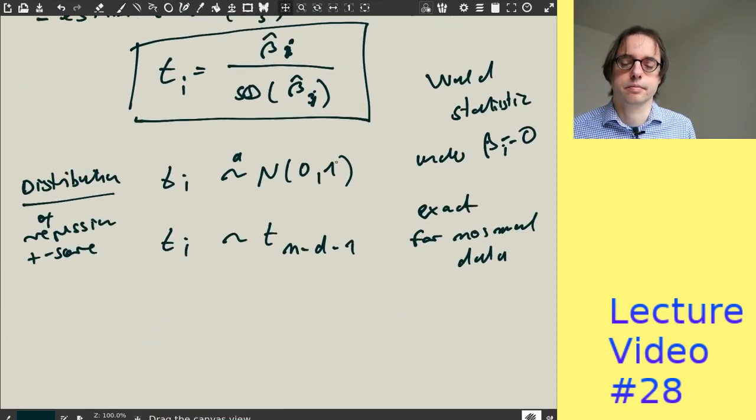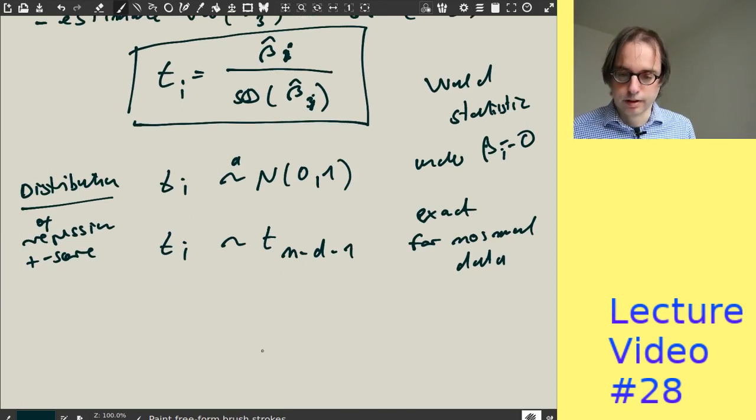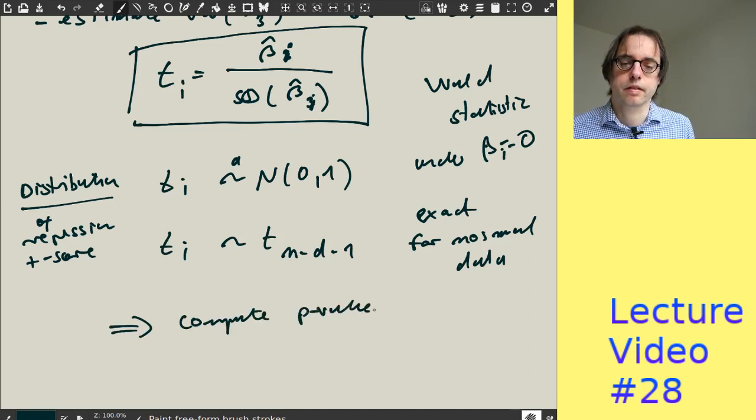And we can use this to compute a p-value. And then we can conduct a statistical test and try to reject that this regression coefficient is 0.